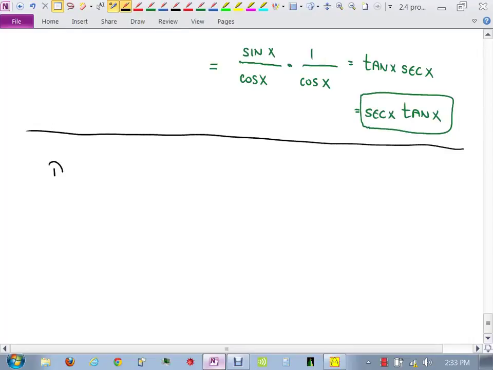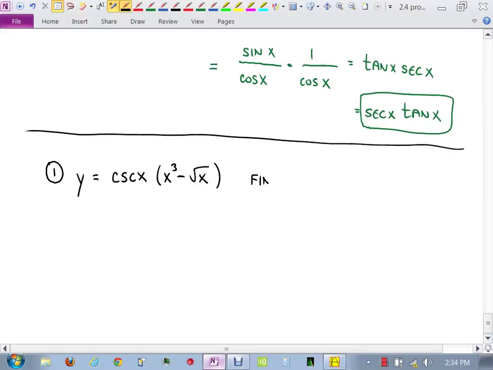Okay, here's problem 1. Y equals cosecant x times x cubed minus square root of x.